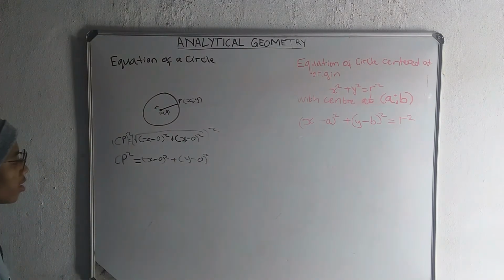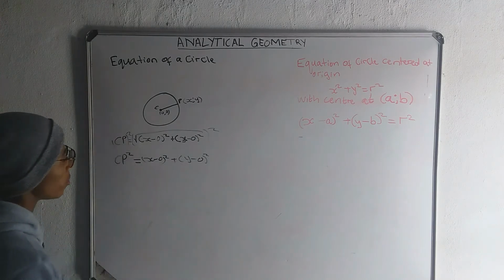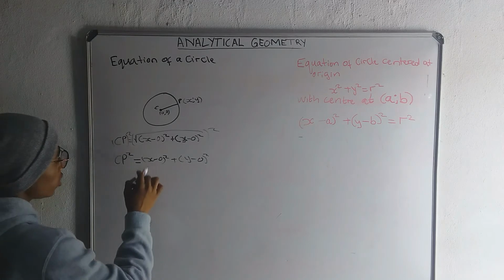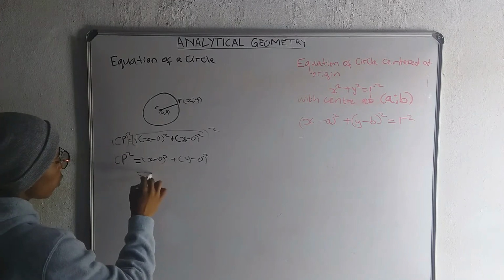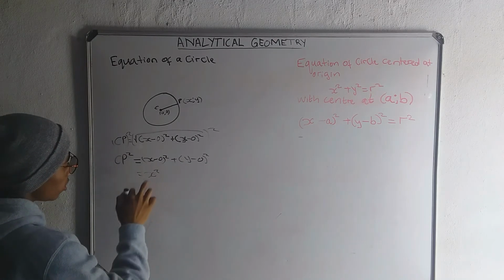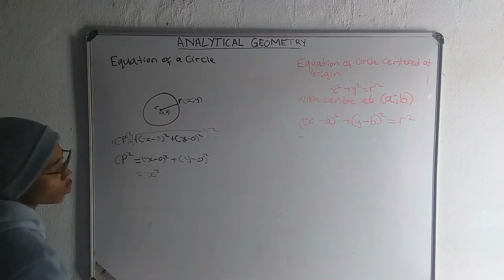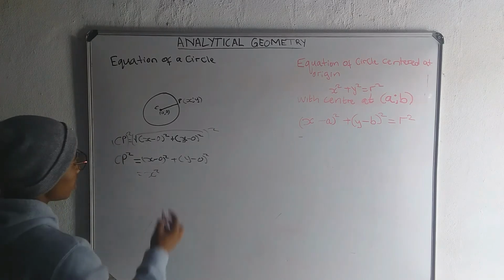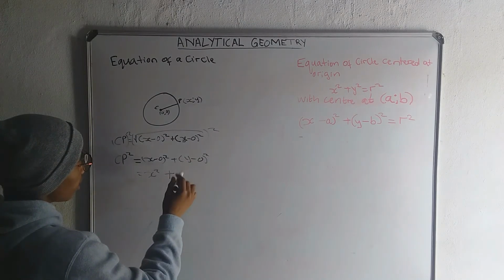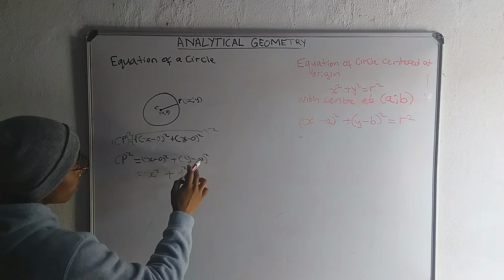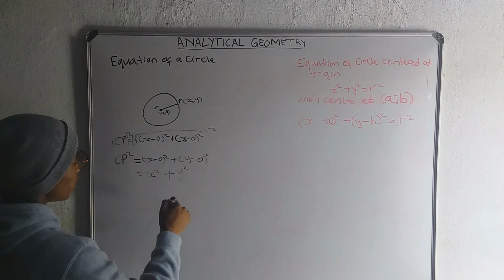And when we further calculate this, getting rid of the brackets or simplifying this more, what is your x squared? x squared minus 0 squared, so minus nothing, because 0 squared is actually 0, plus y squared minus 0 squared, which is nothing.